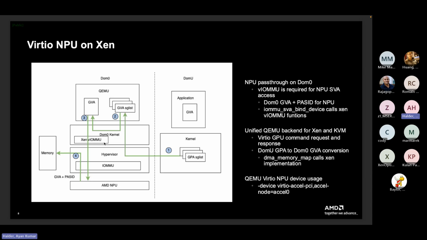So in Dom0, it has to support the PASID, so the IOMMU SVA driver function call to get a PASID needs to call into the Xen vIOMMU functions to get this PASID. It will have a unified QEMU backend for both Xen and KVM because the key functions are already unified, like the DMA memory map calls.